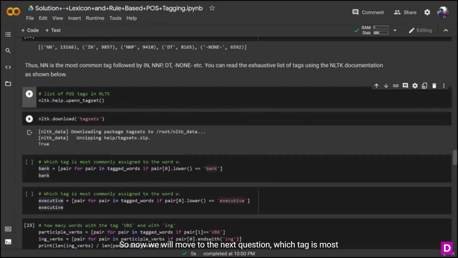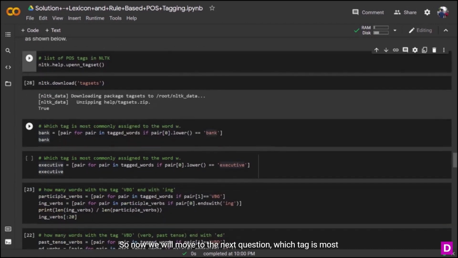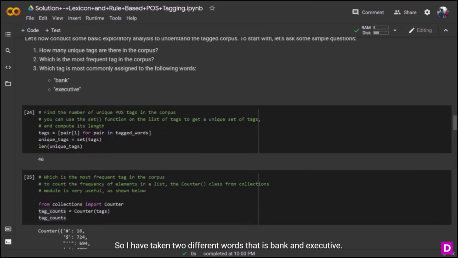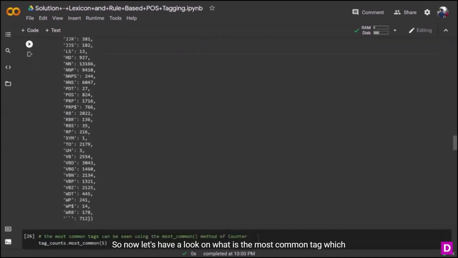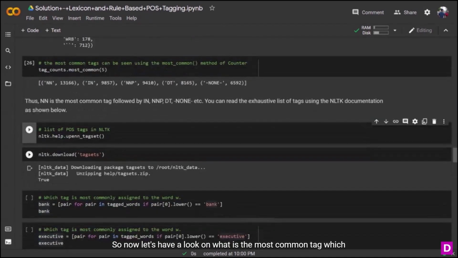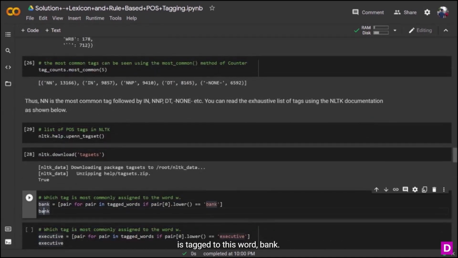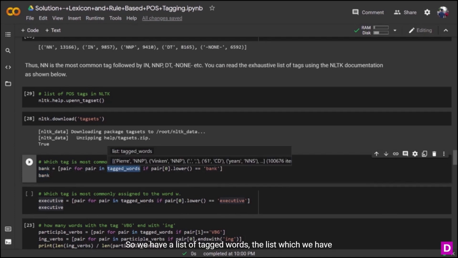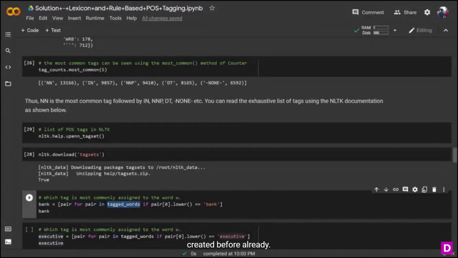So now we will move on to the next question, that is which tag is most commonly assigned to two example words. I have taken two different words, that is bank and executive. Let's look at the most common tag which is tagged to the word bank. We already have a list of tagged words, the list which we have created before.